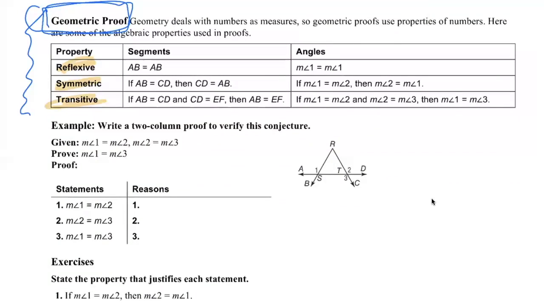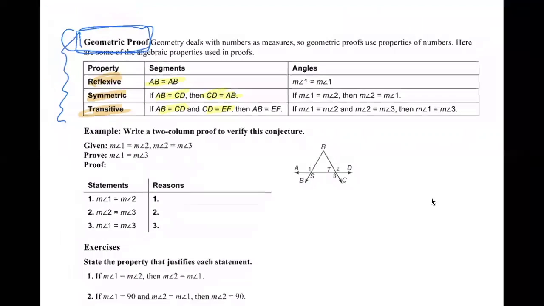Like you use it for segments. Segment AB equals AB. Symmetric, you can switch them too. And transitive, right? AB equals CD, CD equals EF, then AB equals EF. Just letting you know it works for segments and angles. Okay, that's all that is right there.